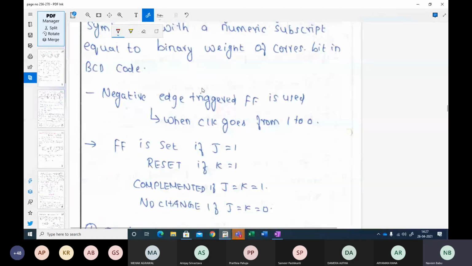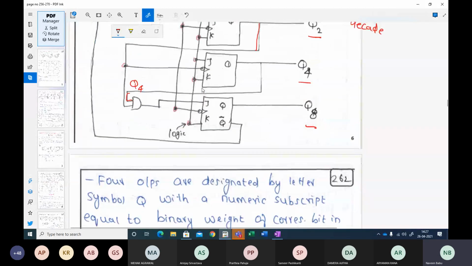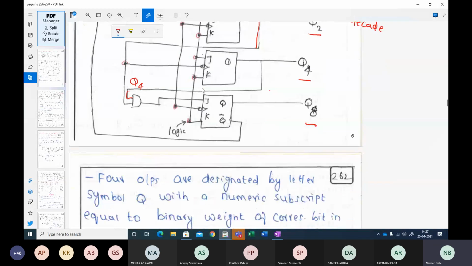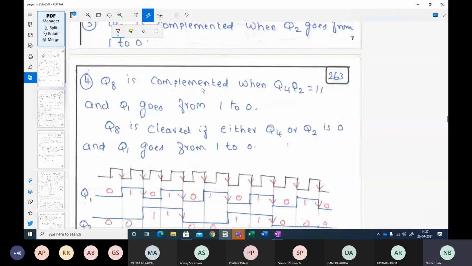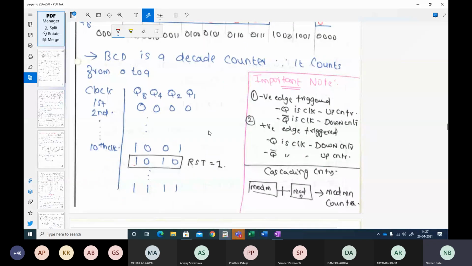Now, what are the things that you need to note here is it is a negative edge triggered flip-flop. If you want a negative edge triggered flip-flop, then you connect your Q to your clock. If you want a positive edge triggered flip-flop, then you connect your Q bar to your clock, and when you are doing so, the counting that you are performing is an up counting.